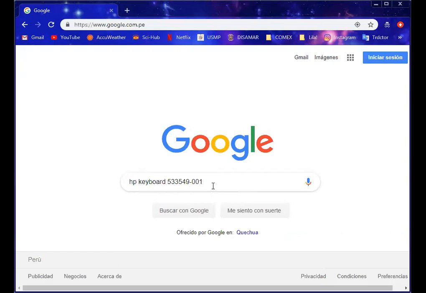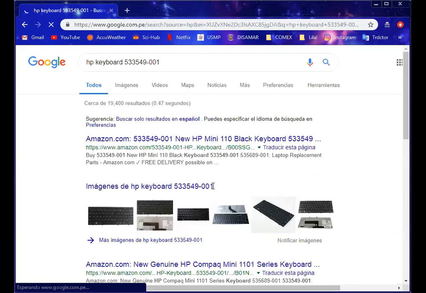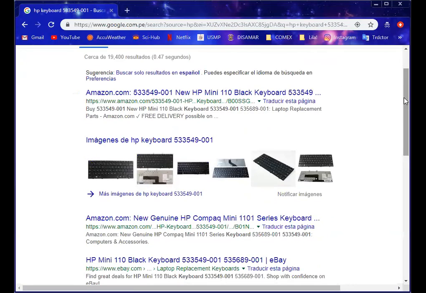So after I put this information on Google, I'm going to press enter, and I'm going to have this information. If I don't know who can be a supplier of this product, I need to get it from scratch. The easiest way to find a supplier is just to go to Google.